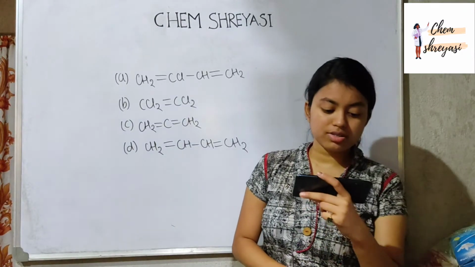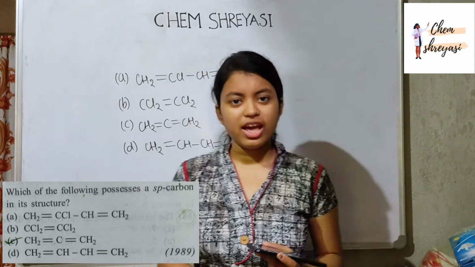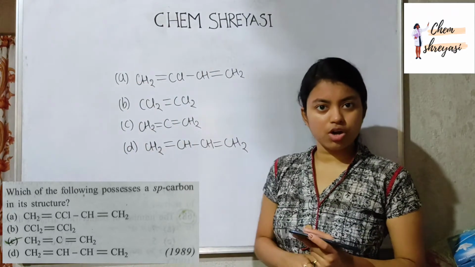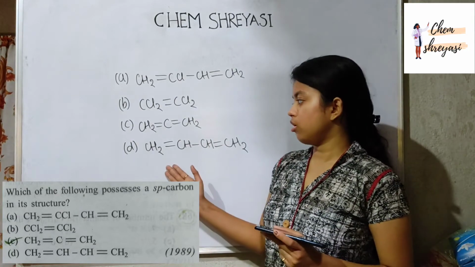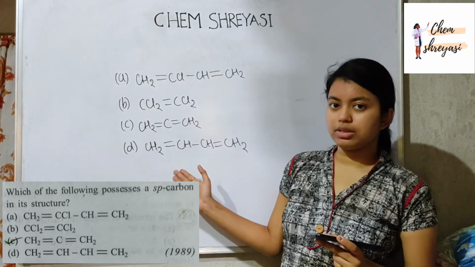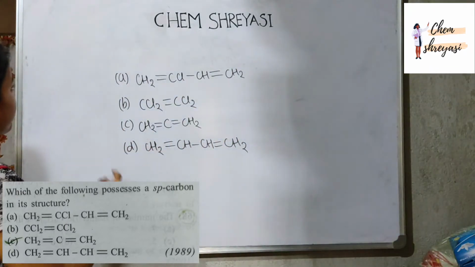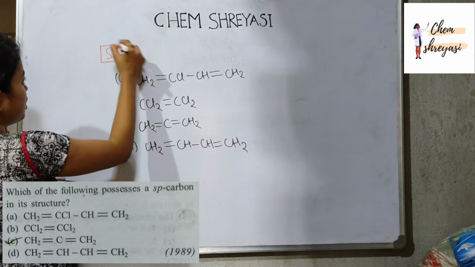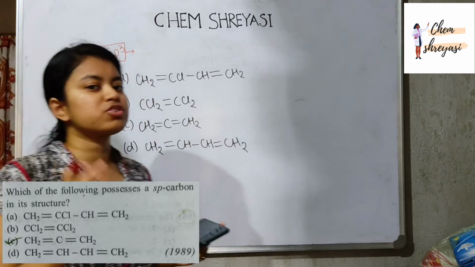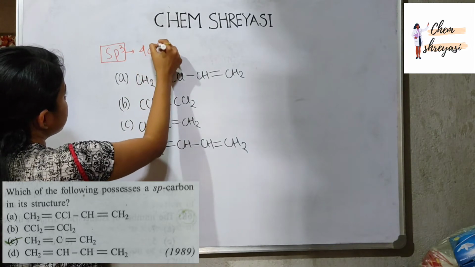So our next question says, which of the following possess an sp carbon in its structure? And we have been given all these 4 structures, and we have to find out in which option there is a carbon that is sp hybridized. Now let's start. First we have to understand, in case of sp3 hybridization, an sp3 hybridized carbon has a total of 4 sigma bonds.